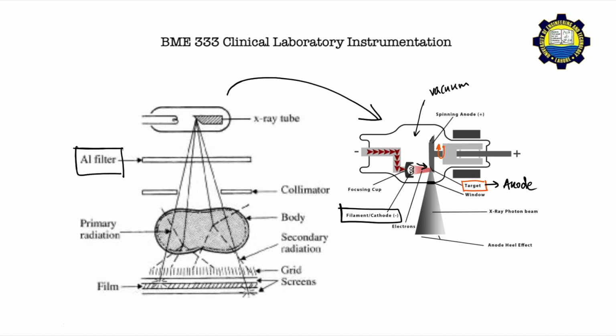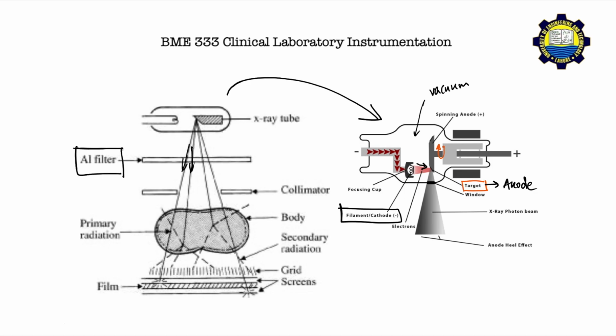So it might actually cause blurring as well. Obviously, you lose sharpness, and there's more blur, but more importantly, from a safety point of view, it's going to result in higher dosage to the patient. So this aluminum filter is basically capturing those low energy X-ray photons and ensuring that only the high energy photons get penetrated through it.